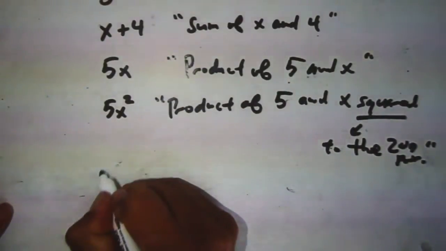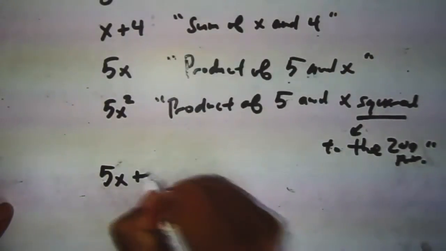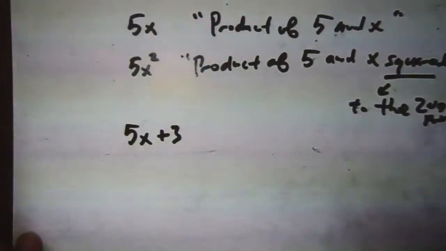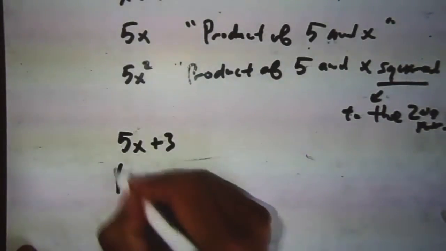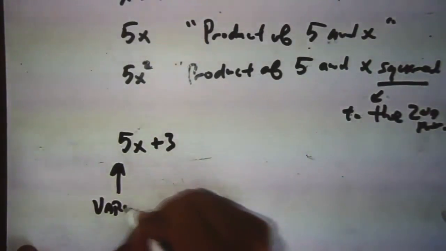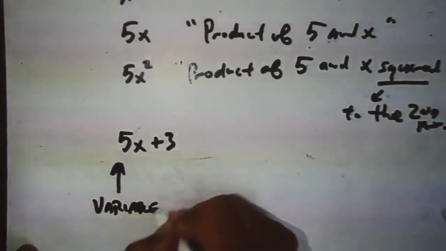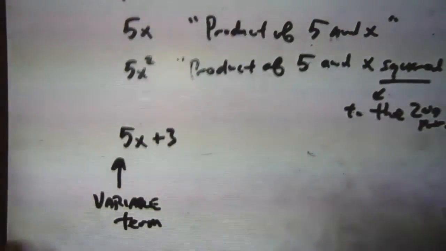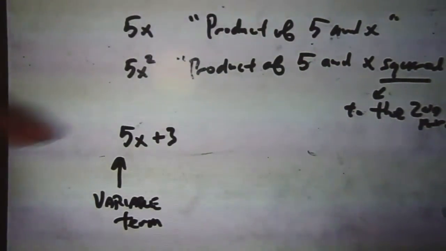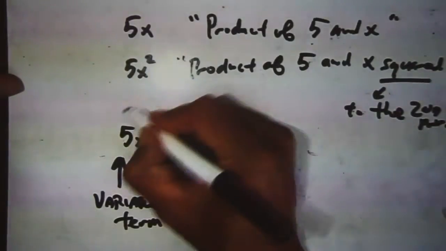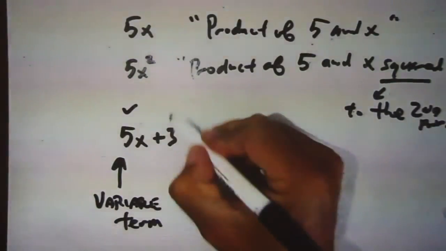If we have something like 5x plus 3, we sometimes refer to 5x as the variable term, because it's the term that has the variable. There are two terms in this: the 5x part and the 3 part.